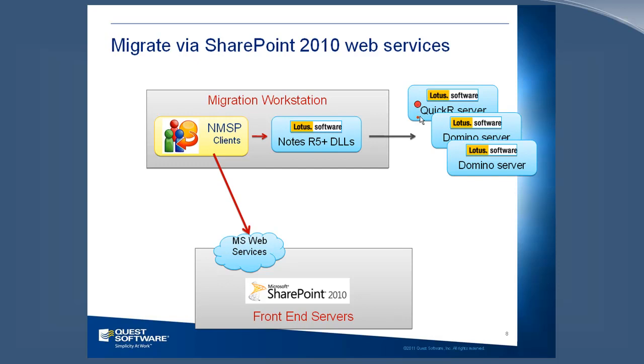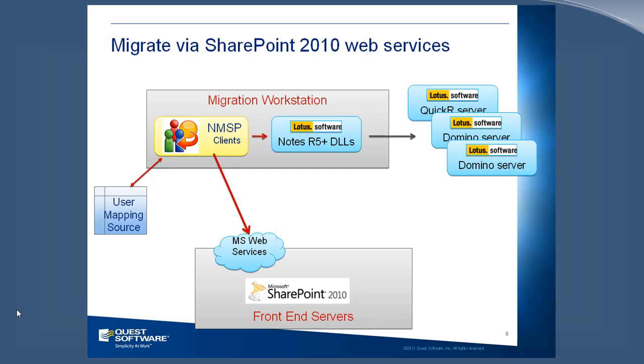And we're connecting using normal Notes traffic. Because we're going through the Notes DLLs, we just look like another Notes client, and the Domino servers don't know the difference. And we can also access local Notes databases that are copied to the workstation. But we write the data over the wire to SharePoint using the standard web services.